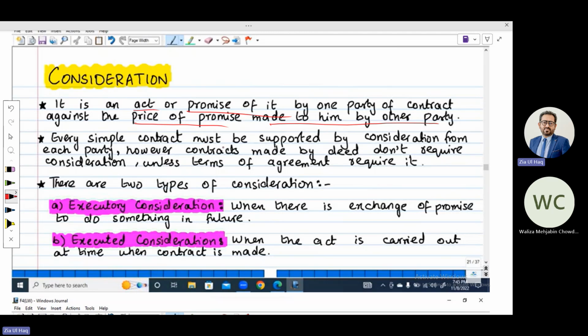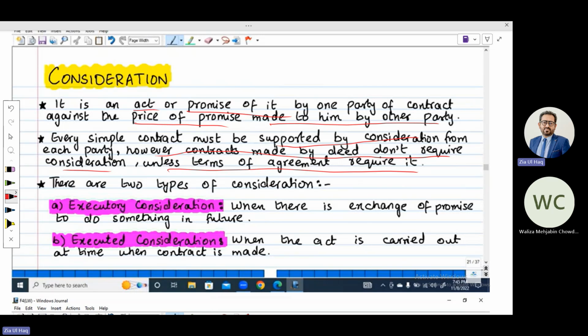Every simple contract must be supported by consideration. Without consideration, the contract is not completed from each party; however, contracts made by deed do not require consideration unless the terms of the agreement require it. And there are two types of consideration: executory and executed.